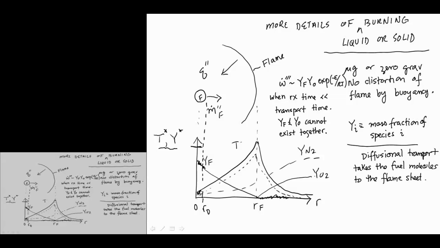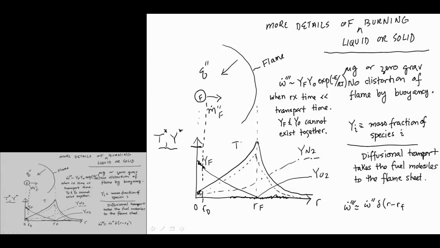So what we really are saying is that the reaction rate, one model perhaps for this, looks like a reaction rate perhaps per unit area that's specified as a Dirac delta at RF.